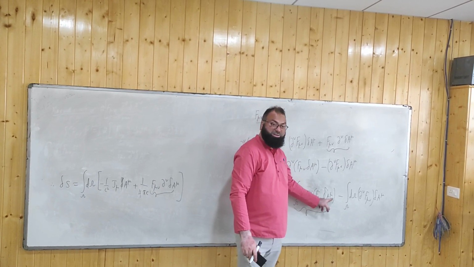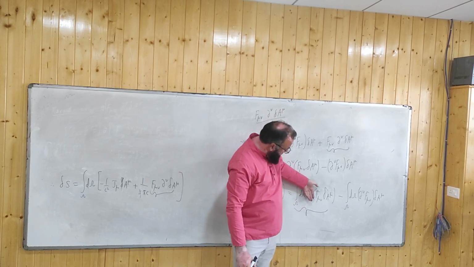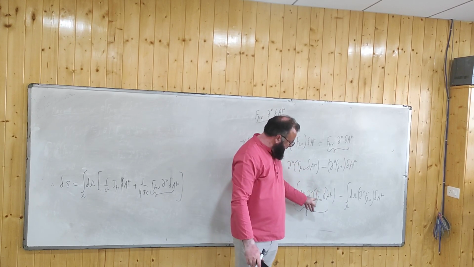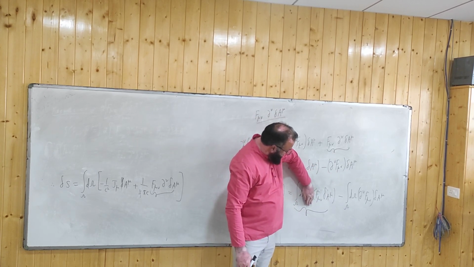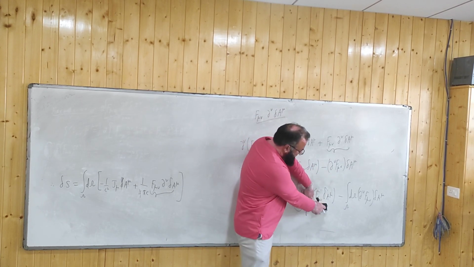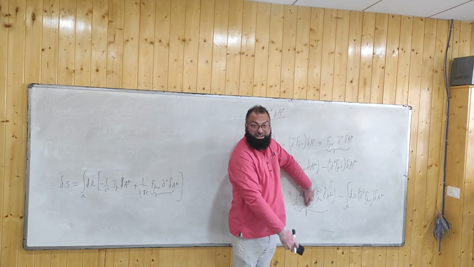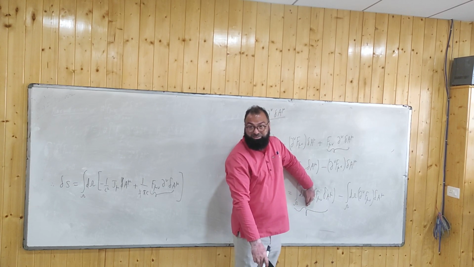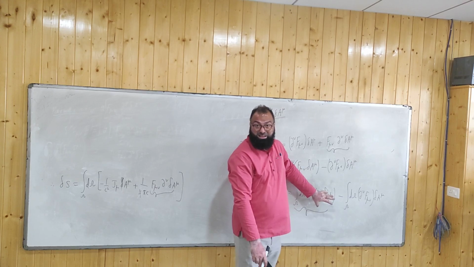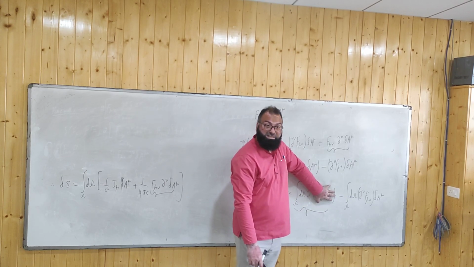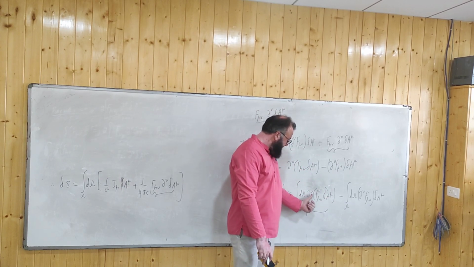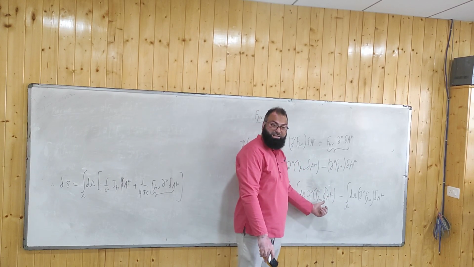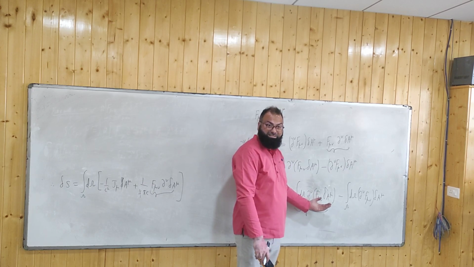Forget about this partial. What is the rank of this entire object? It's 1, because the free index is only ν; μ is not a free index. So this entire object is a vector, and then ν is contracted. So it means simply the divergence.